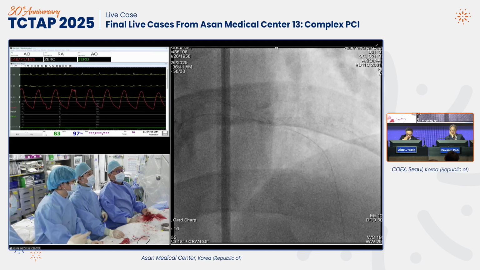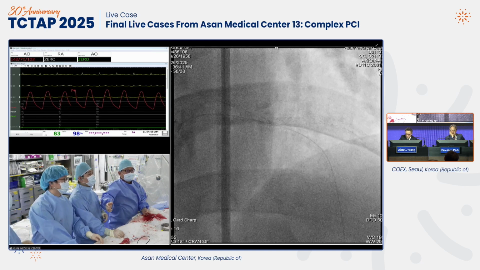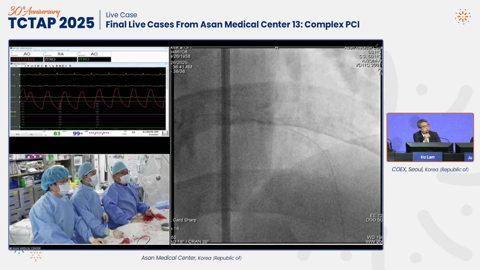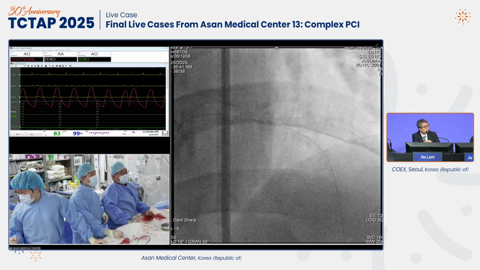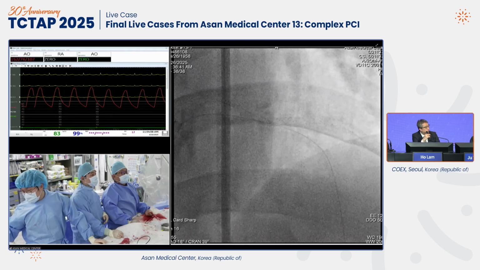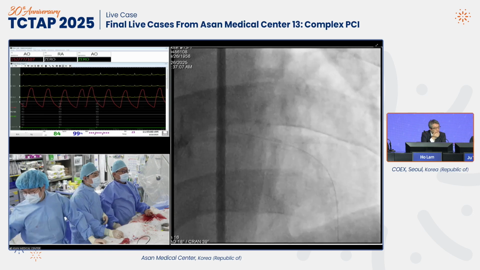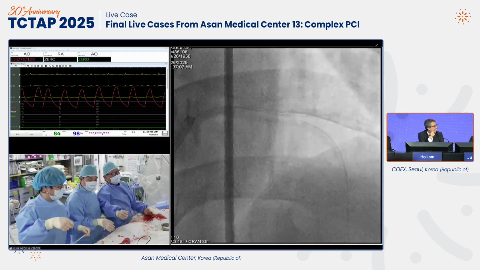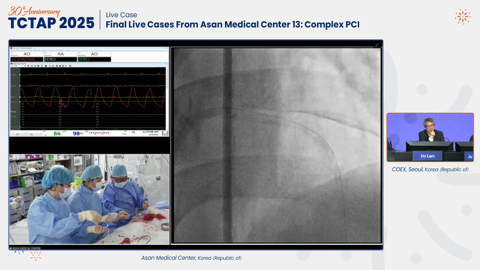I see you don't remove the side branch wire, while you do the push. Is it a routine practice? I see Dr. Ahn do not remove the wire during crush. Is it a routine practice? No, this is my mistake. Just a technique mistake.